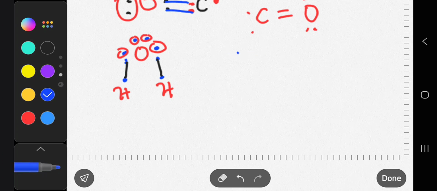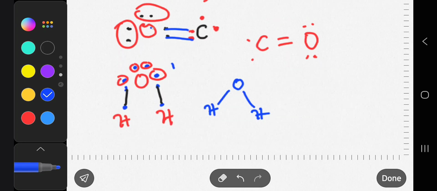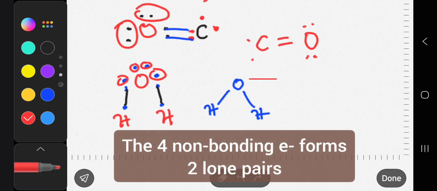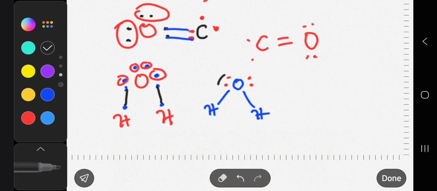So I'm going to have oxygen forming a bond with hydrogen, with how many? 1, 2, 3, and 4. So those 4, I'm going to include them here, 1, 2, 3, 4 in the form of pairs, and that is how essentially we come about these ones. Can you see?